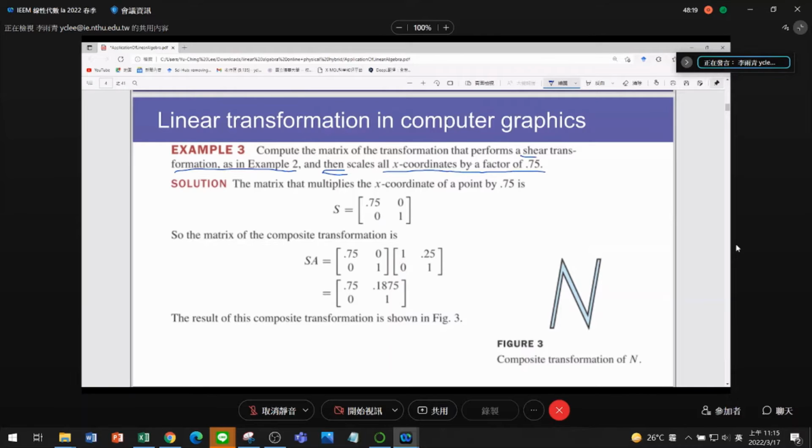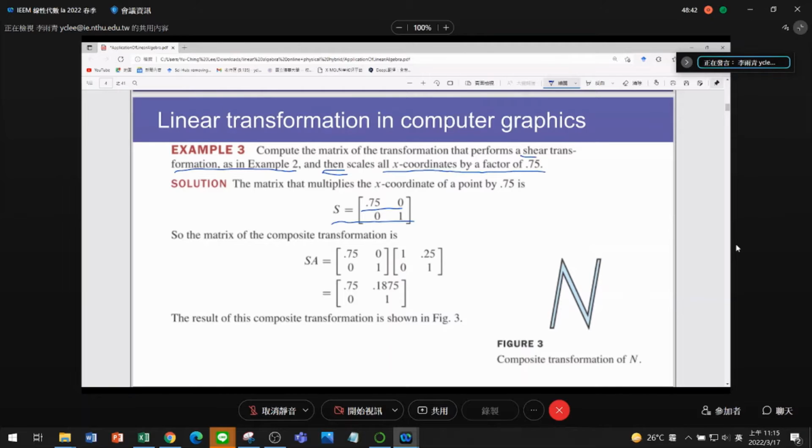Then this effect is to multiply the x coordinate of a point by 0.75. And then the transformation matrix should be like this, the standard matrix to multiply all x coordinates by 0.75. So it looks like this.